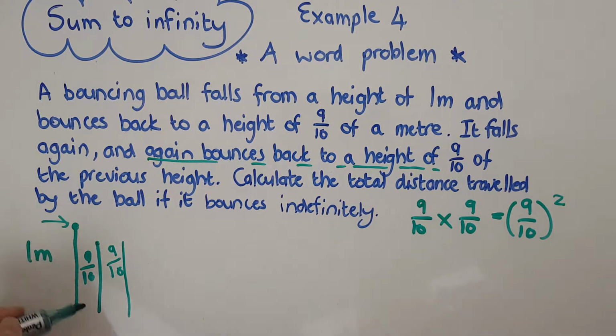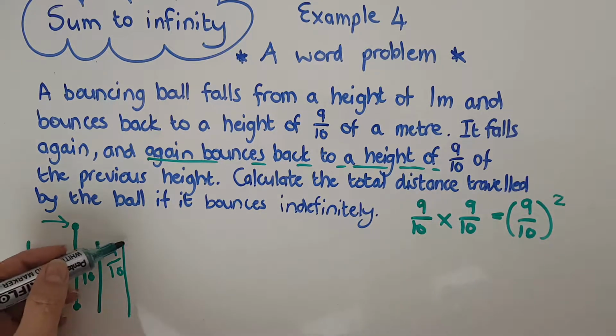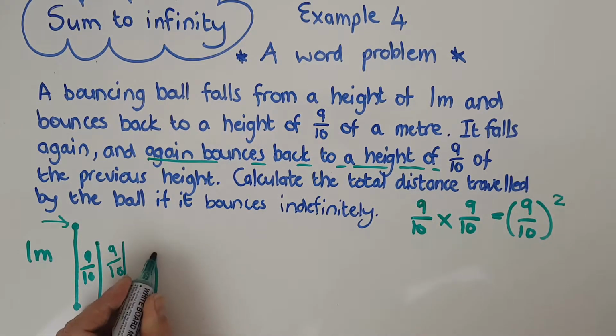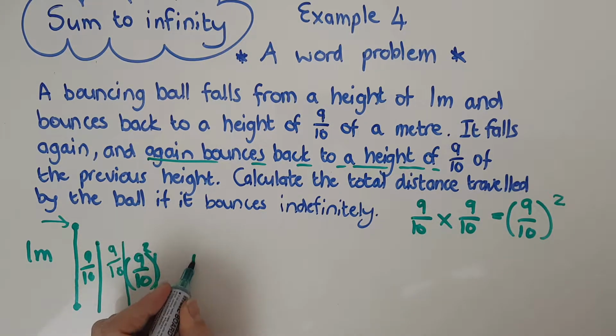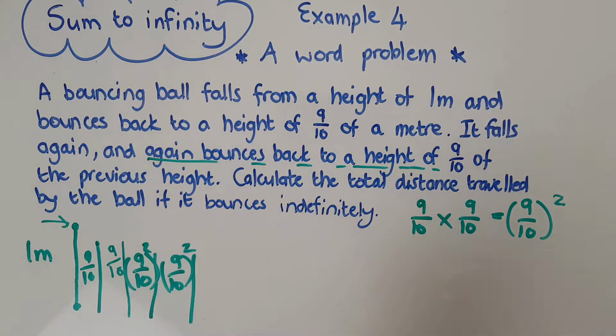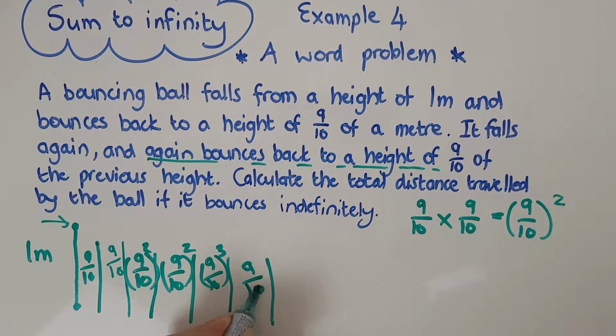And there's a reason for writing it like that and not making it 81/100. So it goes down, goes up 9/10, goes down 9/10, goes up 9/10 squared, and then goes down 9/10 squared. Then it's going to go up 9/10 to the power of 3, and it's going to go down 9/10 to the power of 3.